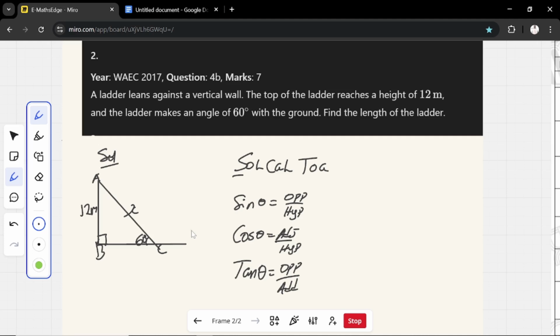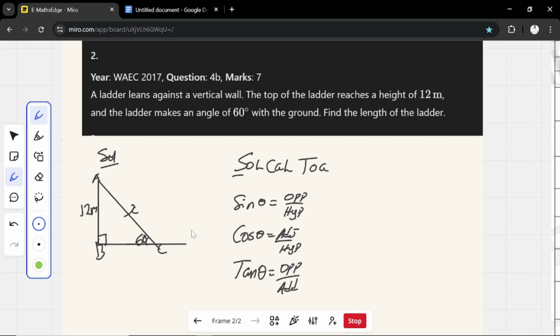So based on the data provided from the right angle triangle, you will observe that we have an angle of 60 degrees which serves as the theta, and opposite to the angle, the length is 12 meters. This length from point A to B is the opposite of this angle of 60 degrees.